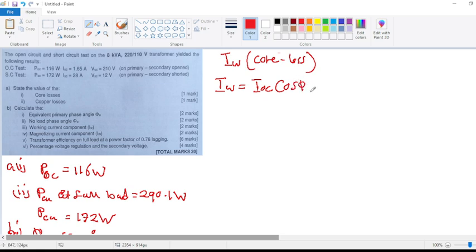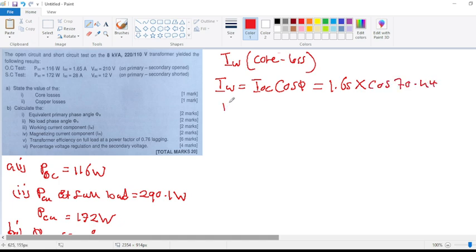Substituting the open circuit current given as 1.65 multiplied by the cos of the no load phase angle, cos 70.44.